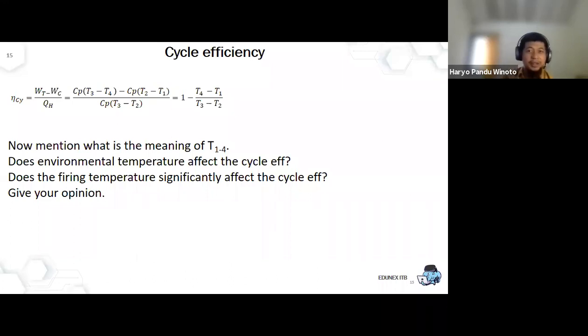They bought a gas turbine from England or the United States, designed for a four-season country, and it was operated in Indonesia, which is much hotter. And what happens is that T1 gets bigger.